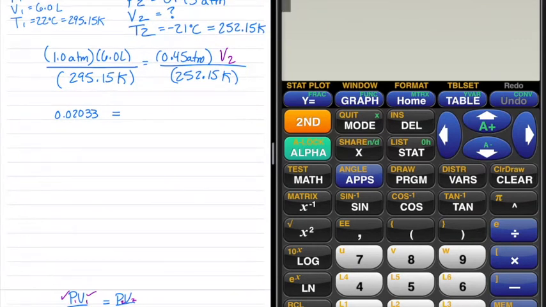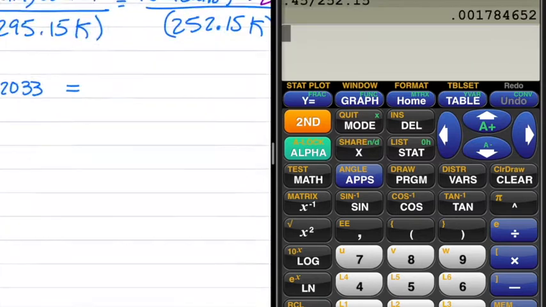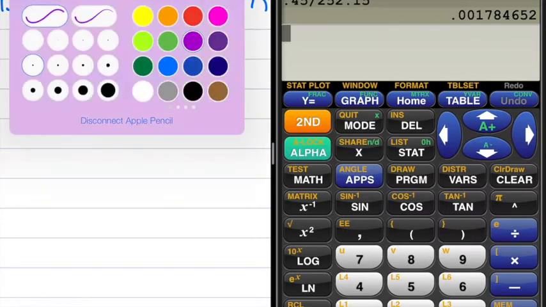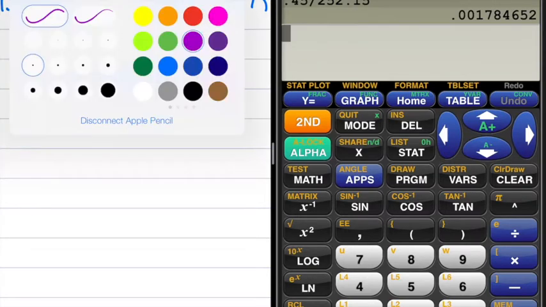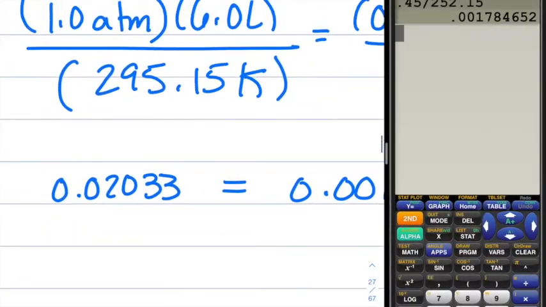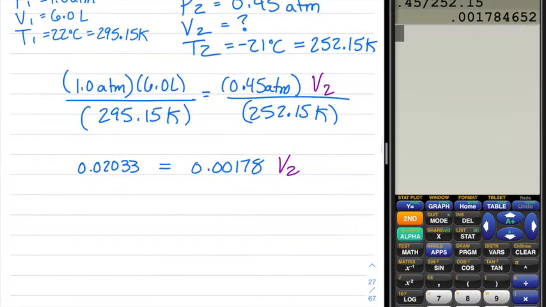And now on the right-hand side, 0.45 divided by 252.15, and it looks like 0.00178 times that V2 we're looking for. Questions about anything that I've done so far?